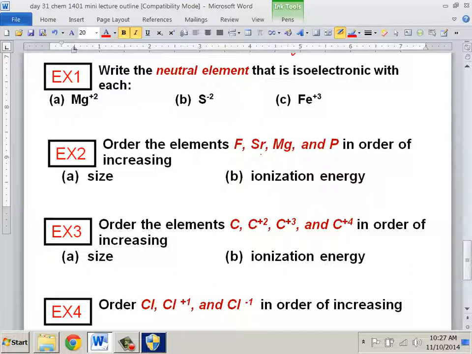So write the neutral element that is isoelectronic with each. So for A, B, and C, write the neutral element that is isoelectronic with each. Just write A, B, C, and then write your answers. See if everybody agrees.